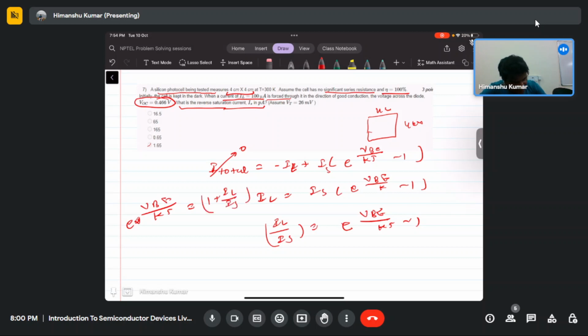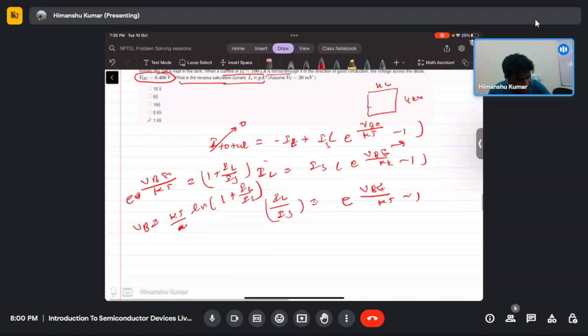So VBE will be equal to, if you take log, KT by Q, which you can take in electron volt, times ln of 1 plus IL by IS. Since we are operating in the open circuit condition, this VBE is the open circuit voltage that is given, KT we know, and IL is given.